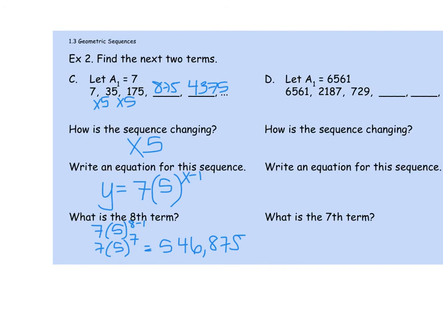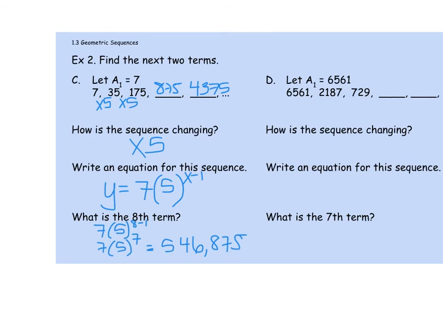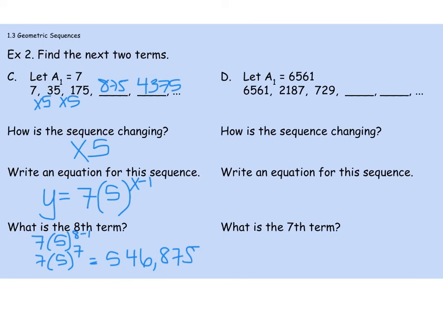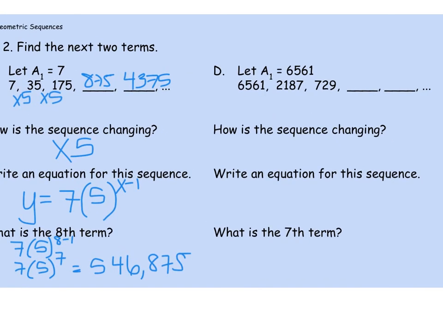Okay, so let's try it with letter D. It's the last one. Wait a minute though, this one's going down. I'm going from like 6,000 to 2,000 to 700.